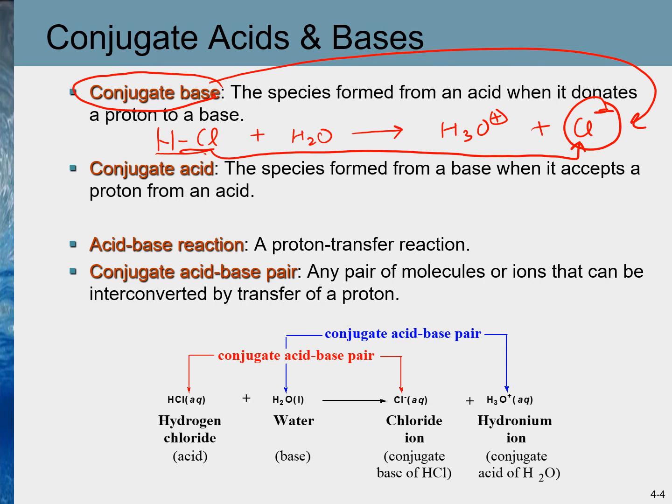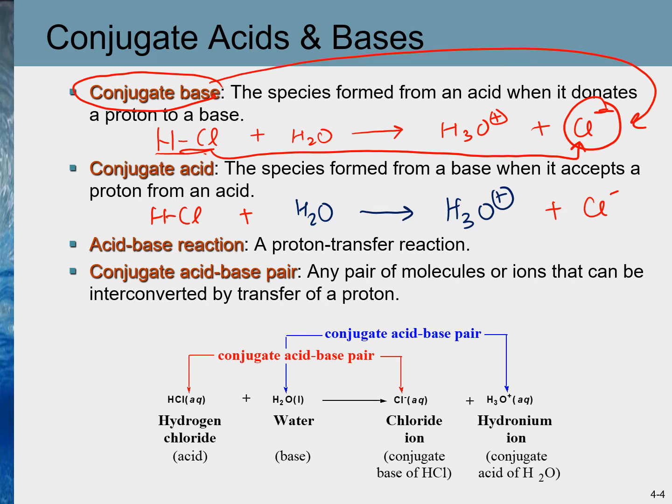Similarly, conjugate acid is the species which is formed when a base accepts a proton. For example, if we write the same reaction, HCl donates a proton to water, and water becomes hydronium ion, and the leftover part of HCl is Cl.